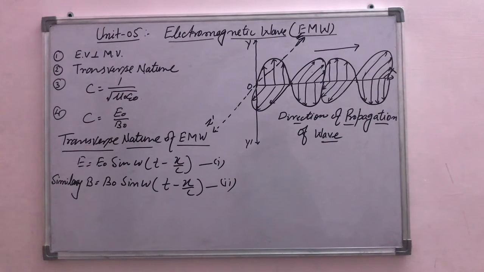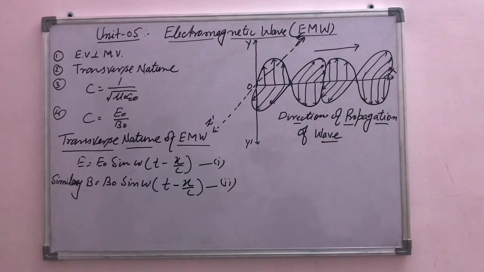These two vectors are always mutually perpendicular to each other. So along the y-axis are the electric field vectors, and along the z-axis are the magnetic vectors, and these vectors are shown in the electromagnetic wave. So we have to draw the graphical representation of the electromagnetic wave as drawn on the blackboard, and after that, we have to explain that diagram.